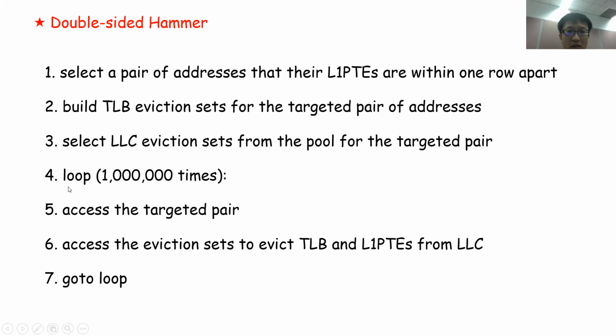From the 4th line to the 7th line, it is a loop for implicit hammer. In the 5th line, we access the target pair of addresses to implicitly hammer two level 1 PTs. In the 6th line, we access the eviction sets to evict TLB entries and the level 1 PTs from LLC.